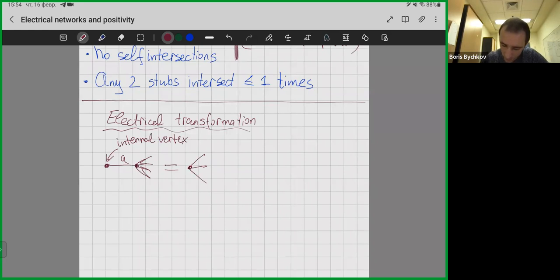And if we have this self loop, then we also can remove it.